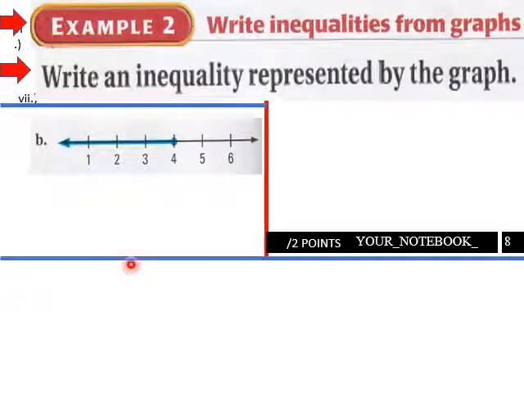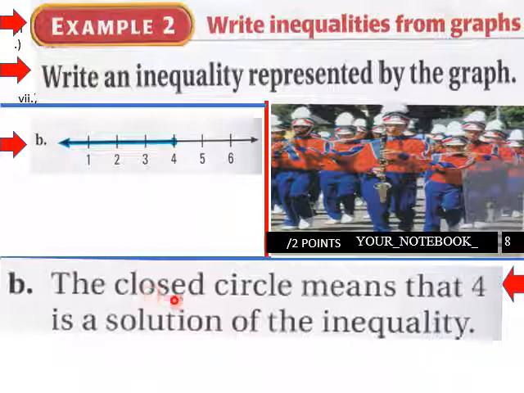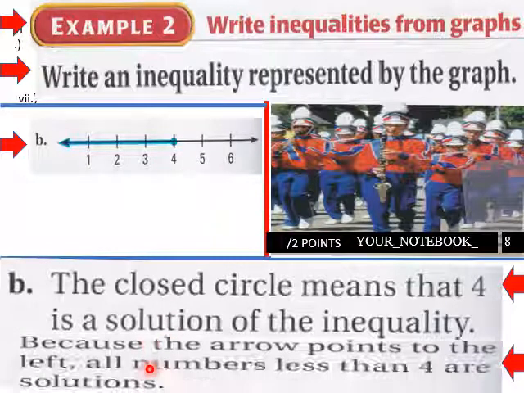Write inequalities from graphs. Write an inequality represented by this graph. What would the inequality be that is represented by this graph? The closed circle means that 4 is a solution of the inequality. 4 is included in the solution set for that inequality.